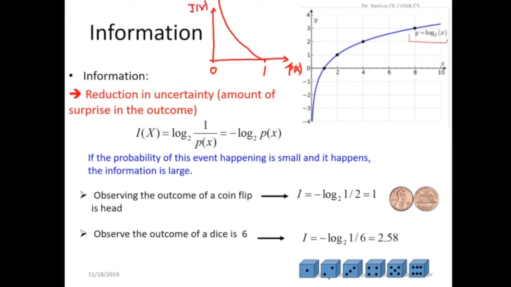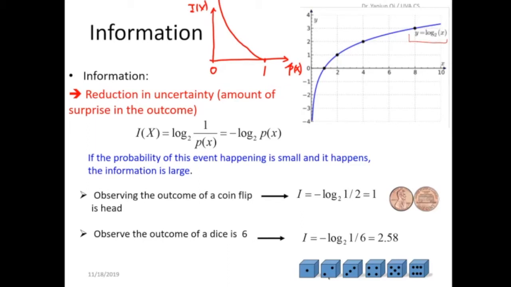Let's just use an example to show the information for a coin flip. The coin flip is totally uniformly distributed. The I is equivalent to minus log 2 of 1/2, because it's uniformly distributed, and the amount of information is 1.